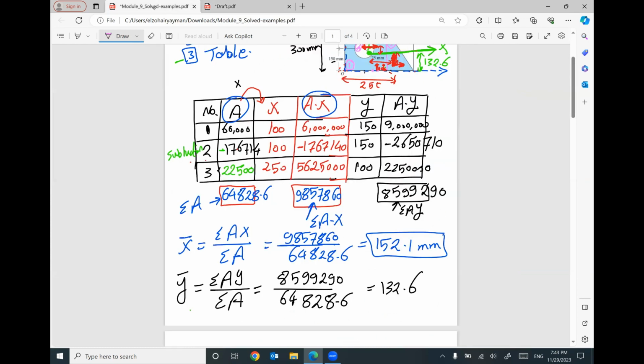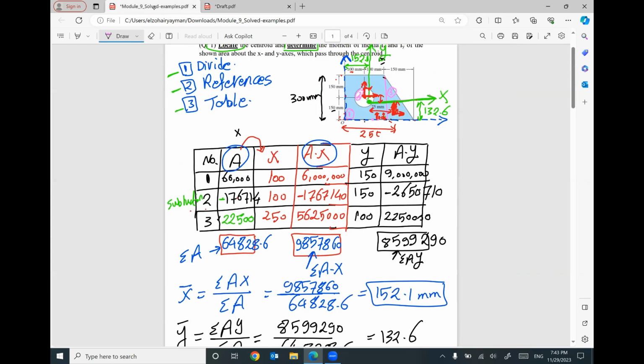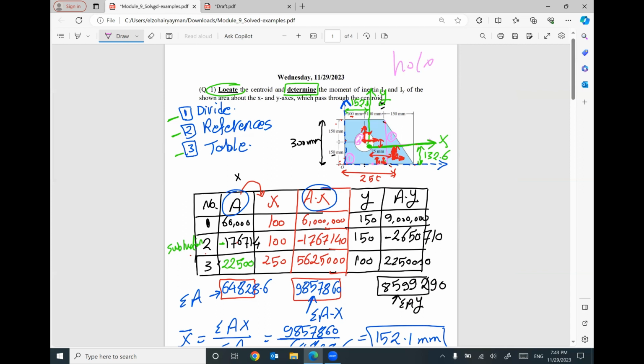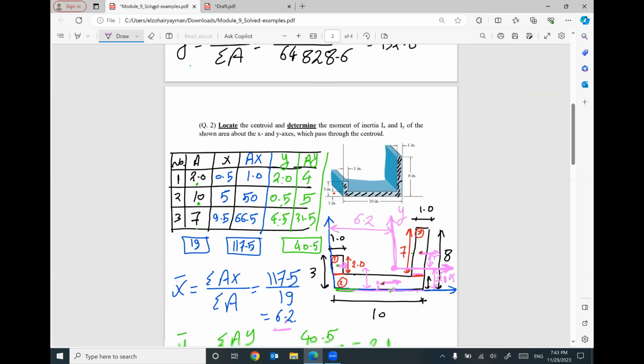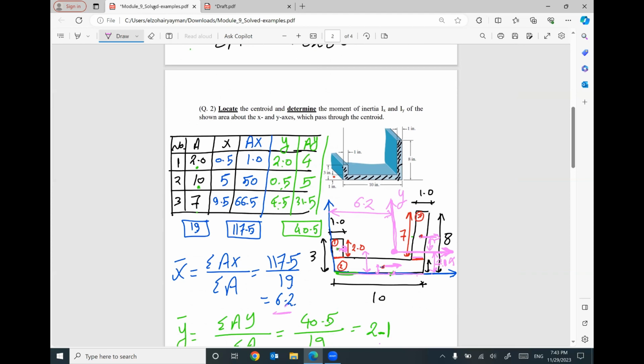Keep in mind, if you have any hole like this circle, I have to subtract it. Most of the time, you will find a negative value for this part. Anything else, we don't have any negative sign because everything else will be added together.